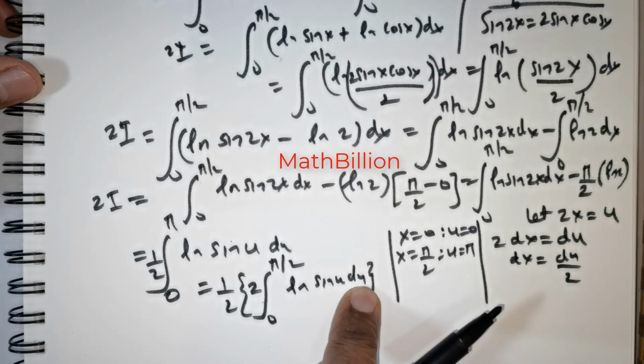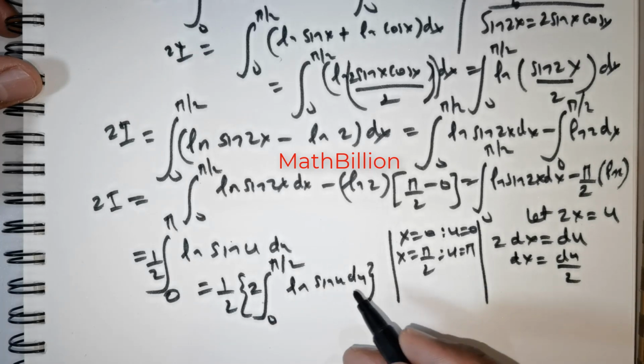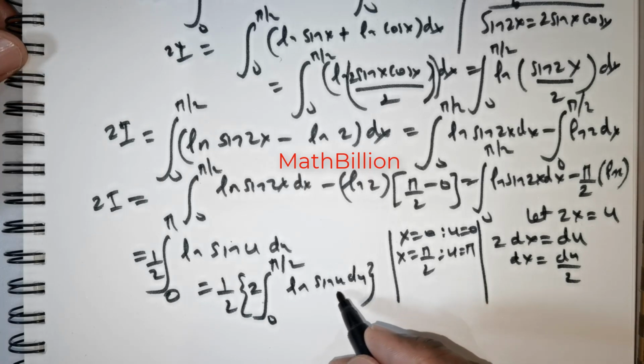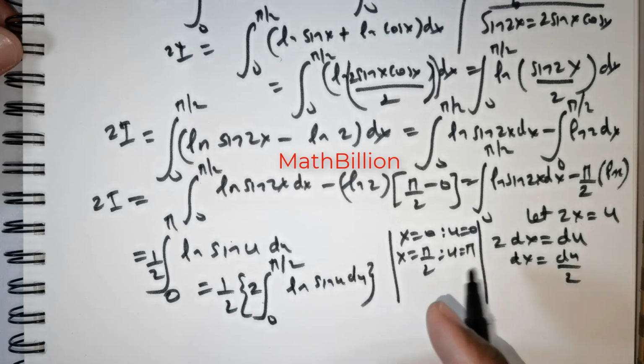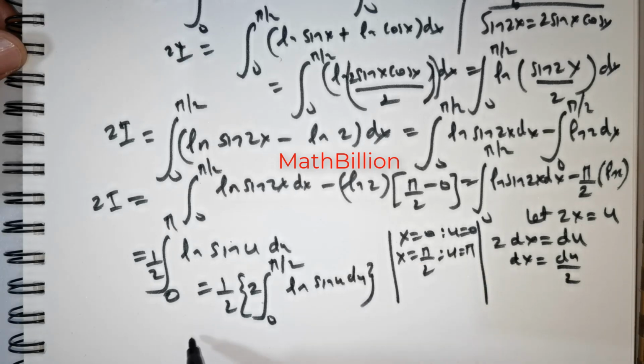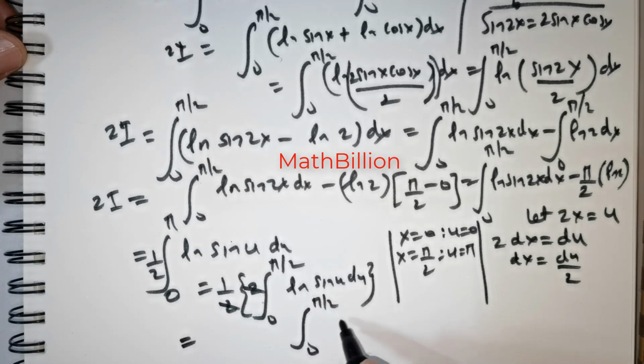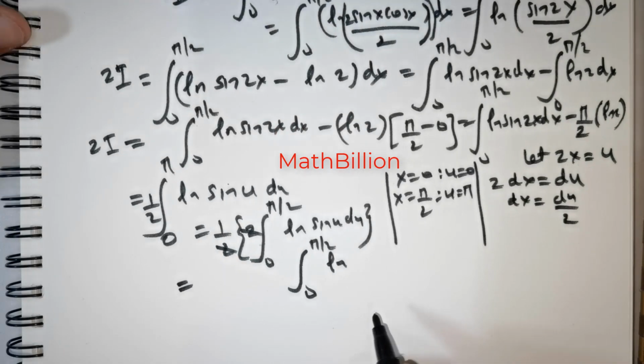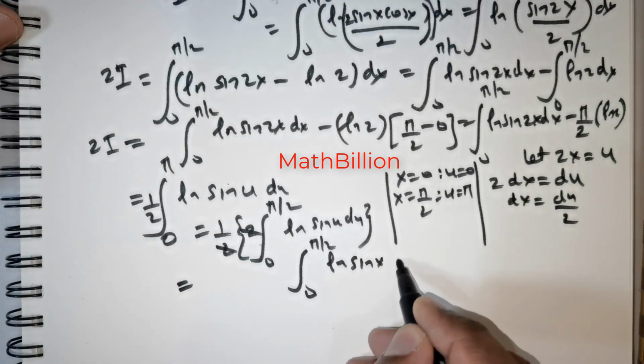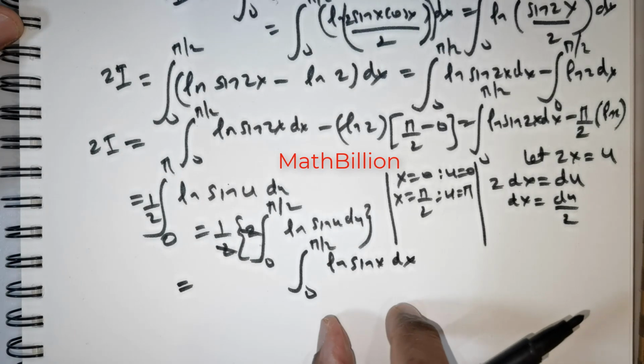Now u and du are just variables. If I replace u by x and du by dx, there wouldn't be any change at all. So you are free to do that. However, 2 and 2 can be cancelled here. So this is going to be integral 0 to pi over 2 of ln sin x dx.